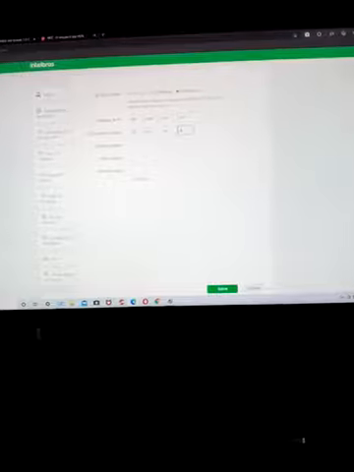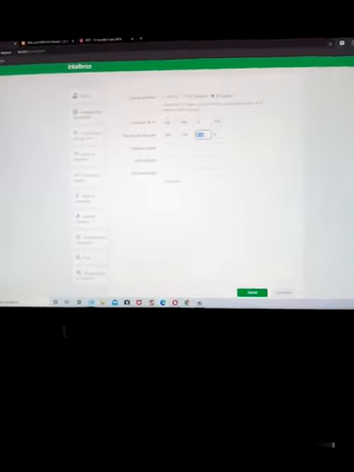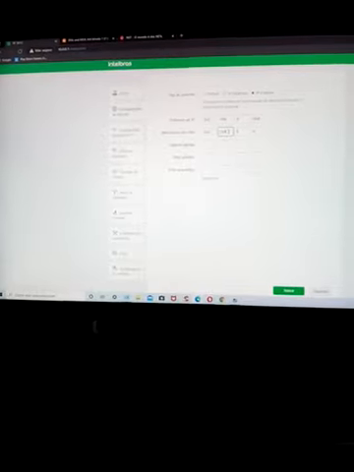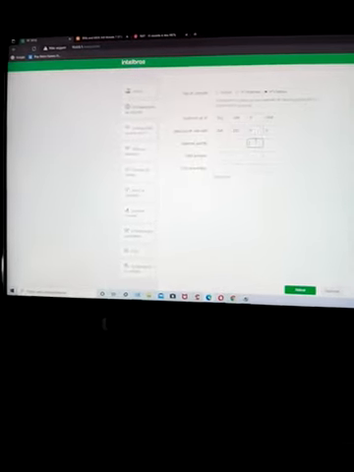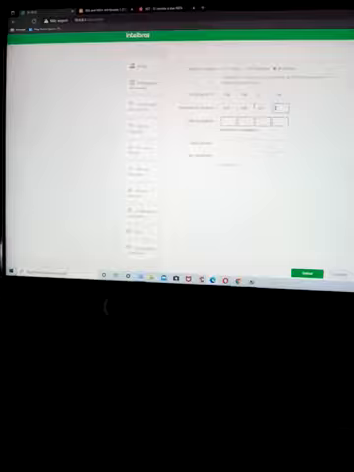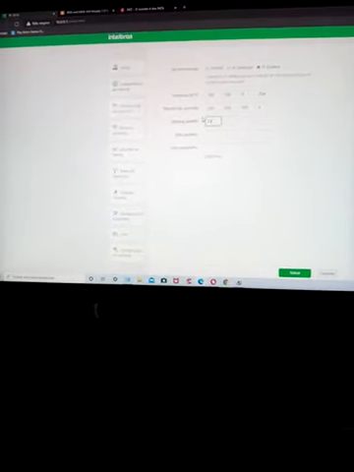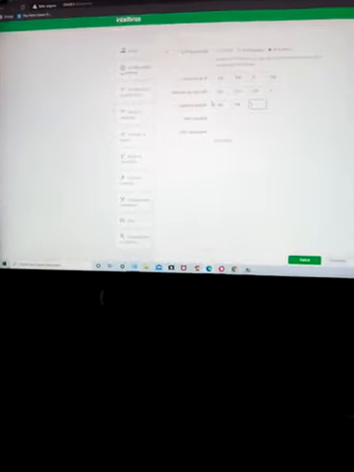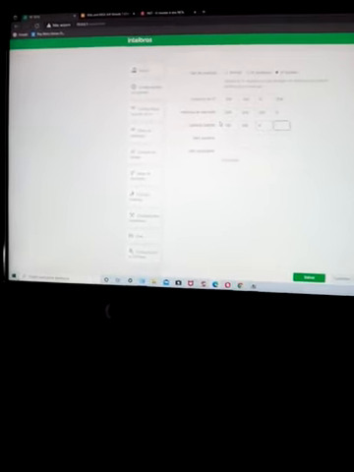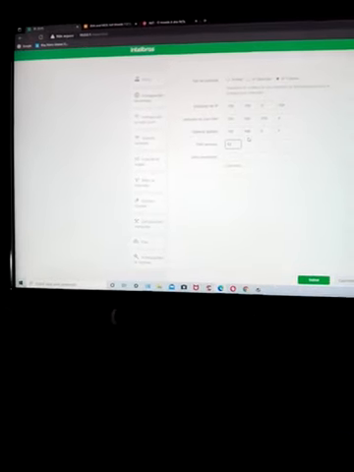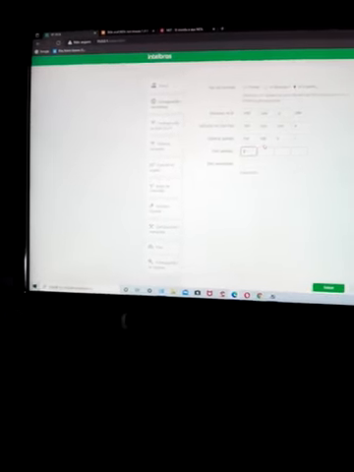I will put the mask as network as 0. I will put 0. I will keep the pattern, I would say. And then I will put here as a gateway, the standard gateway, and for the DNS I will put the Google public DNS.